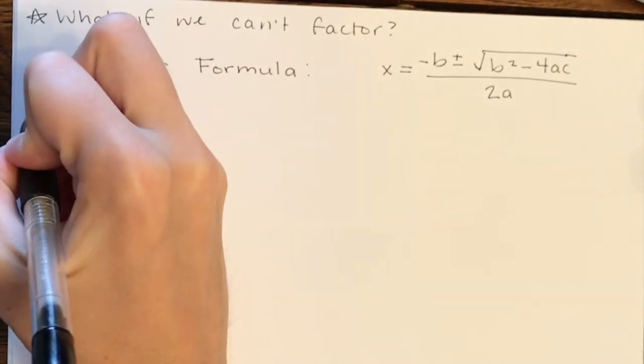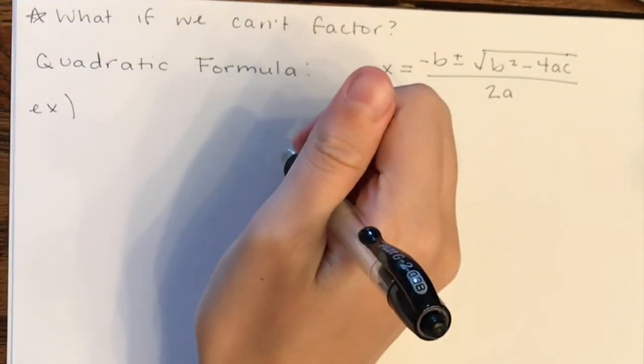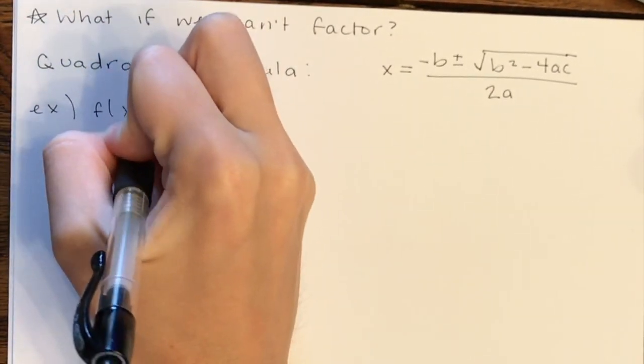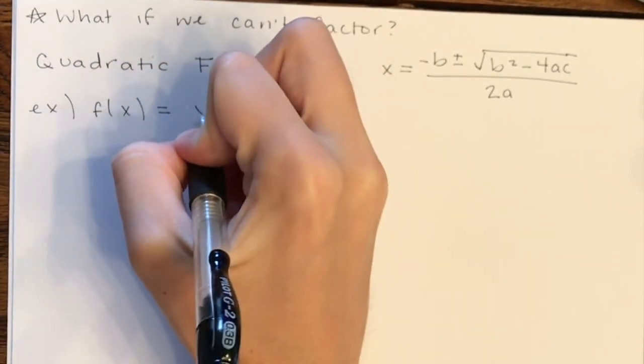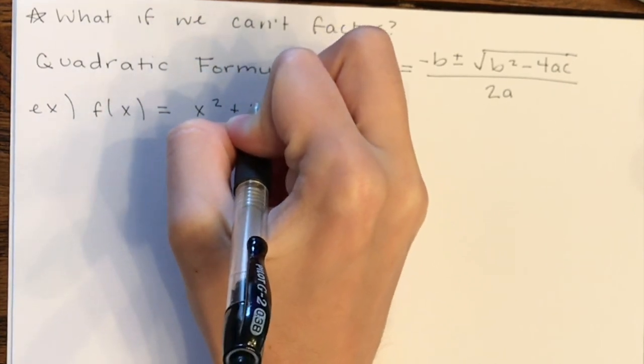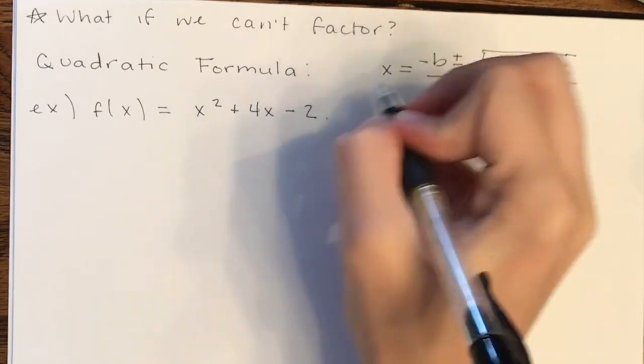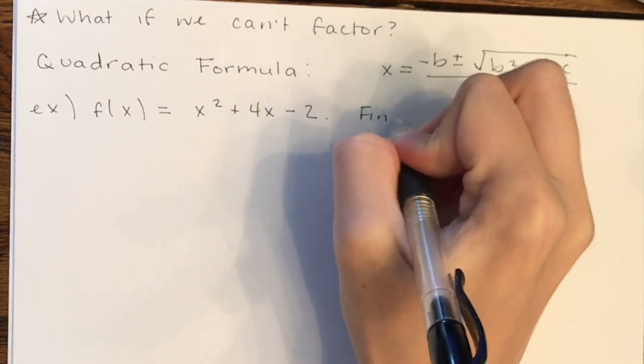So how can we use the quadratic formula? Let's look at a function that we can't factor, like this guy. And let's say I asked you to find the x-intercepts.